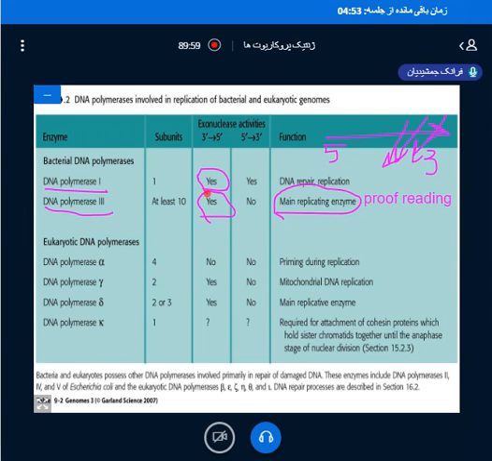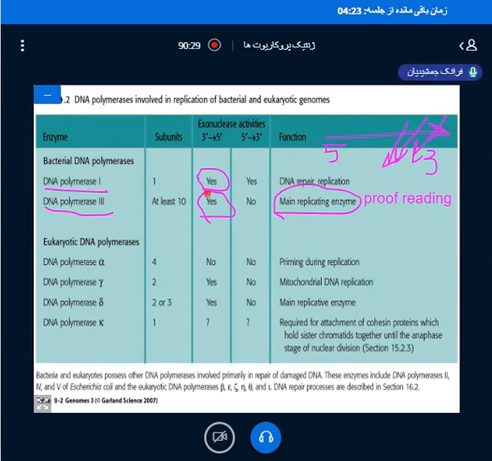It means the enzyme can remove the incorrect nucleotide and put the correct nucleotide again. So if the polymerase has the 3' to 5' exonuclease activity, it means it can correct itself. It has the proofreading activity.